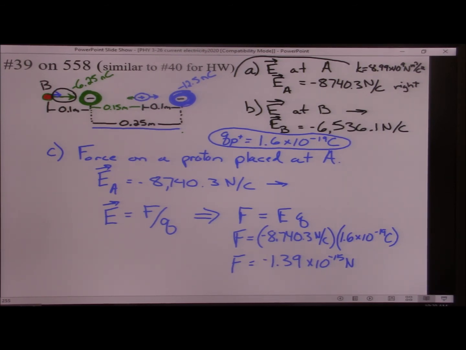What does negative mean? To the right. So that's a particle accelerator problem thrown in with electric field problems, because it's going to accelerate that proton. Hopefully that will help you with number 40 on the homework. Ask me any questions you want, and I'll upload a different video for the next one.